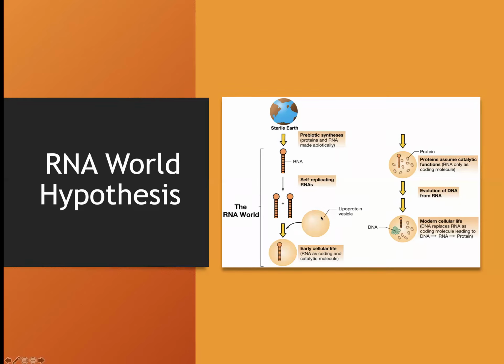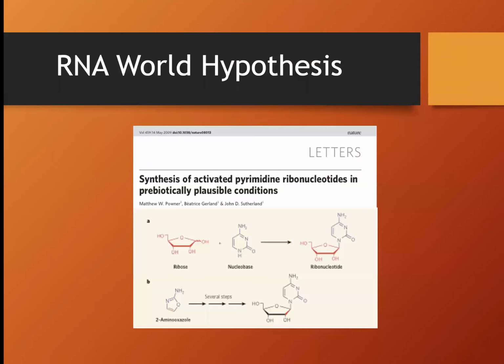And so that's like these lipoprotein vesicles here. How we get the cellular components and the coding molecules and the replicability is a huge leap, and we've never been able to really figure out which came first. But it's something interesting to think about. And so this is a fairly esoteric, but still an active area of research that people are looking at.